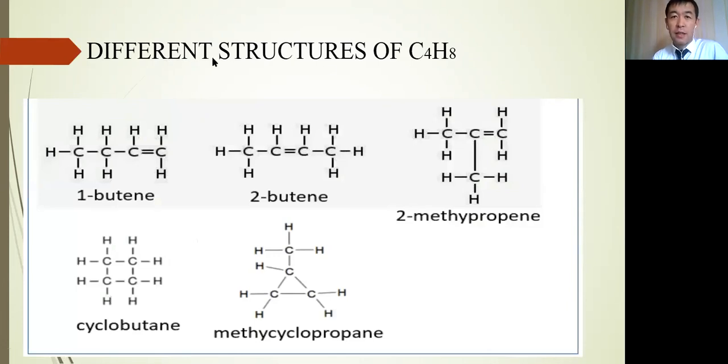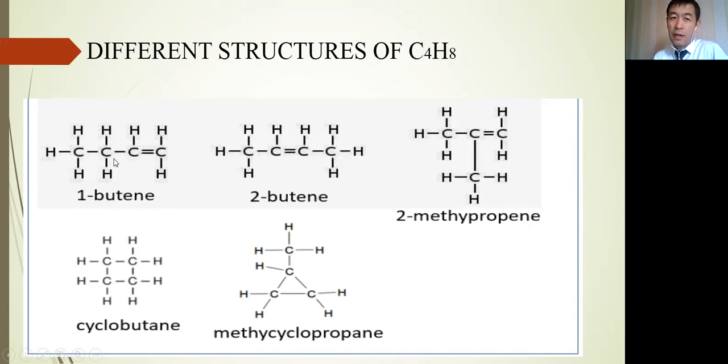Okay, those are the different structures of carbon and hydrogen. And let's consider C4H8, this molecule. How many structures can this have?